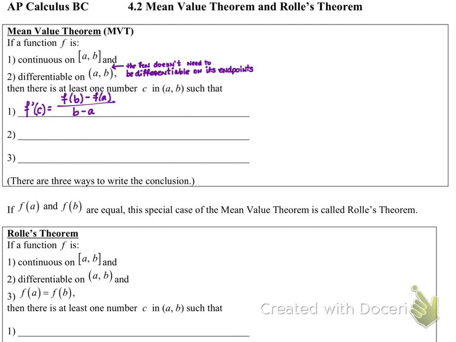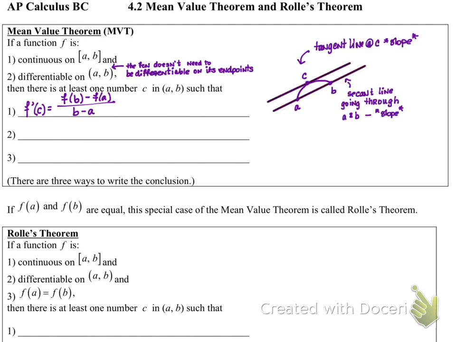So again, you have some secant line going through the points a and b, which are the endpoints, and we're looking at the slope there. That must be the same slope as some tangent line. There exists some tangent line with exactly the same slope, and we're going to discover the point at which that tangent line occurs.